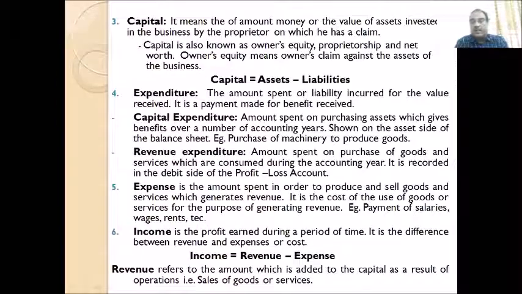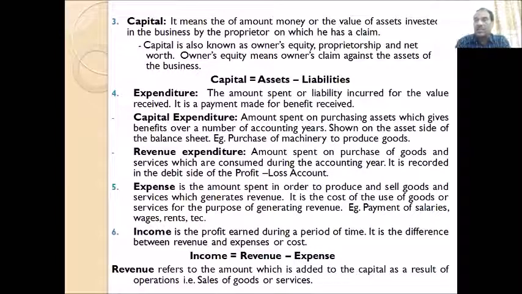Then capital. We have already discussed several times about the capital. Capital is the produced means of production. Capital is that amount which is invested by the owner in the business. So it means the amount of money or the value of assets invested in the business by the proprietor on which he has a claim. Once he invests in business, his claim is to get a return in lieu of his capital invested.